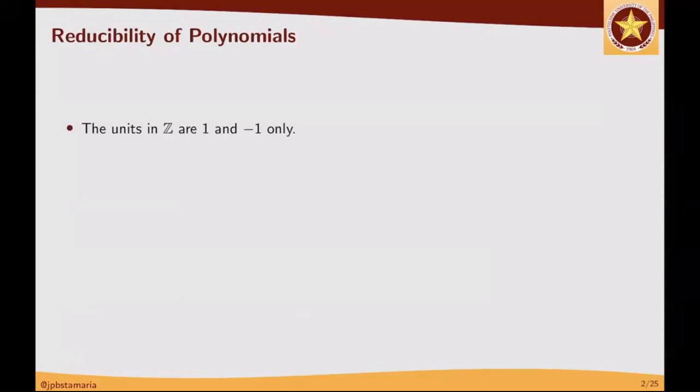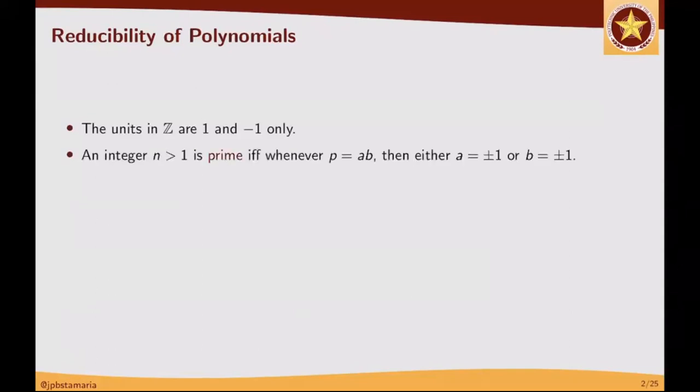If you can remember, the units of Z are 1 and -1 only. So, these are the only things that have their multiplicative inverses. Remember, an integer n greater than 1 is called prime. So, technically, basically, by a prime, automatic, hindi kasali yung 1, no? Excluded kagad yun kasi by definition, n is greater than 1.